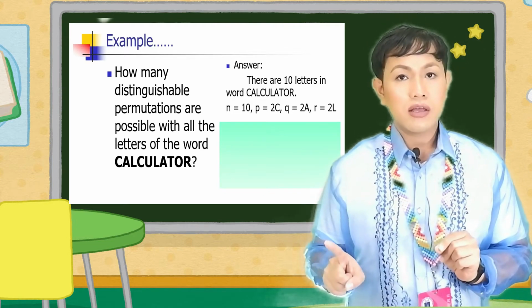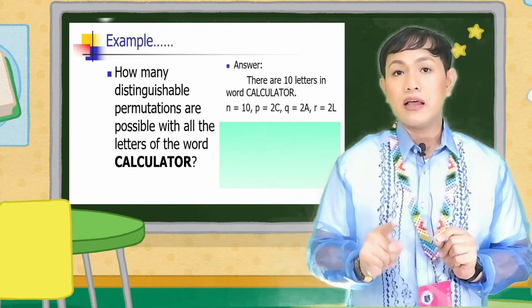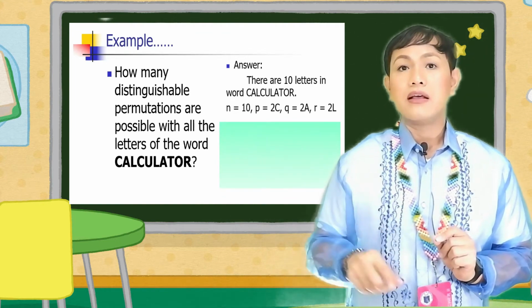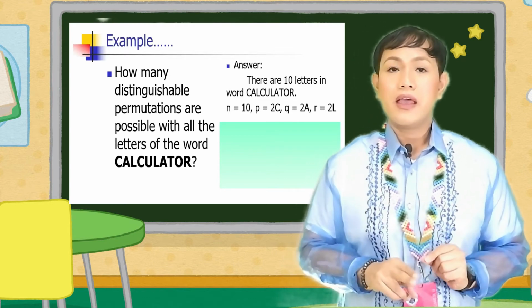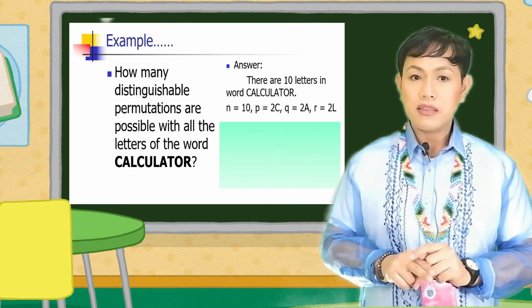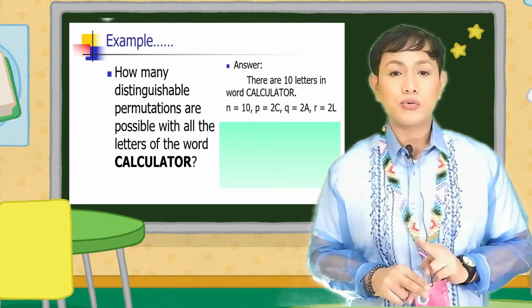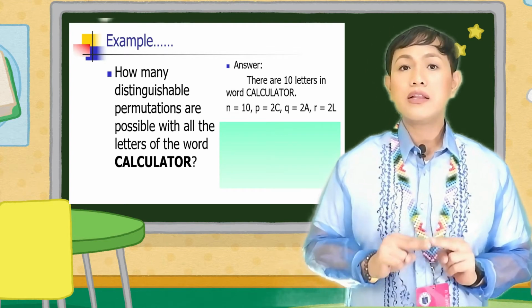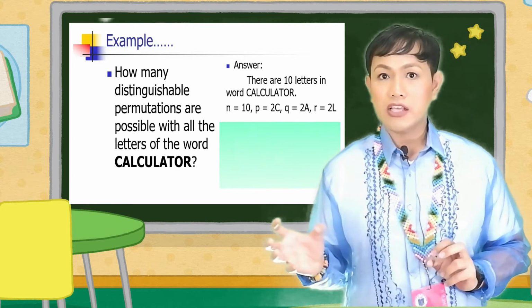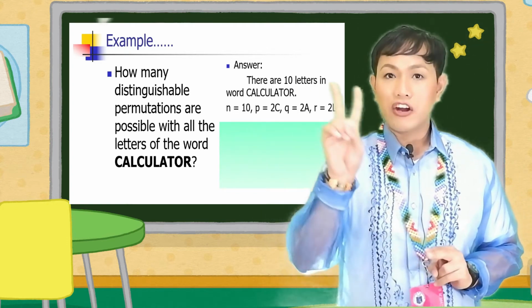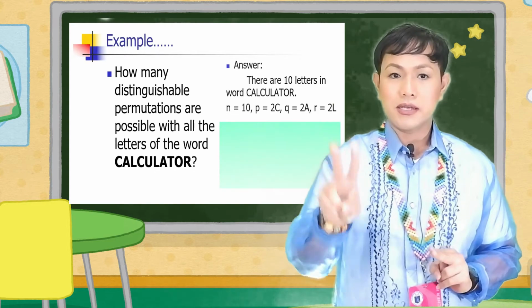And this time around, this 2 denotes that of the letter A. There are 2 letter A's in the word calculator. And finally, your R is also equal to 2, because this time around, it is for the letter L. And in the word calculator, we get to see that there are 2 letter L's.